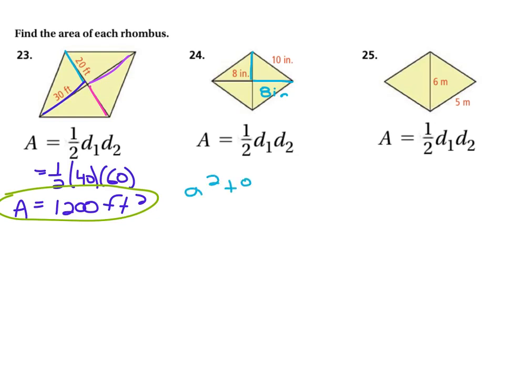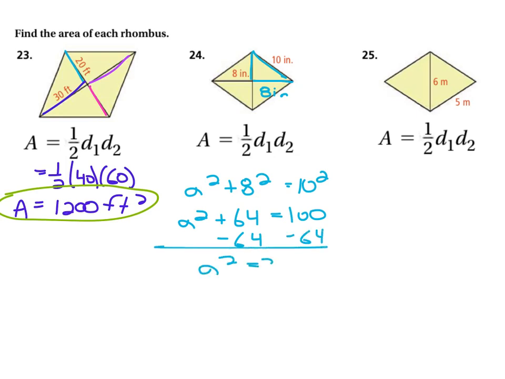You could say a squared plus 8 squared equals 10 squared, that is the length here, the hypotenuse, that outside edge. We did this exact same problem in an earlier problem. If we do this, we get a squared is 36, or a is equal to 6. So that means that the height here is 6 inches.